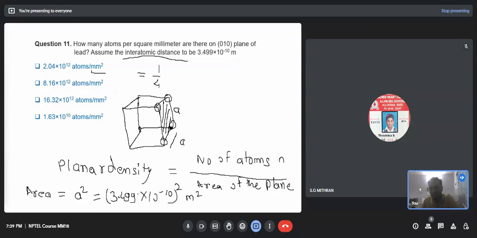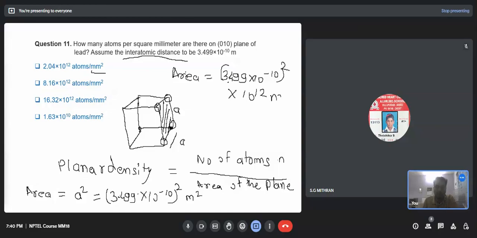I am considering changing the value to square before putting it in. So our area in square will be 3.499 into 10 to the power minus 10, whole square, into 10 to the power 6 for millimeter, so 10 to the power 12 millimeter square.